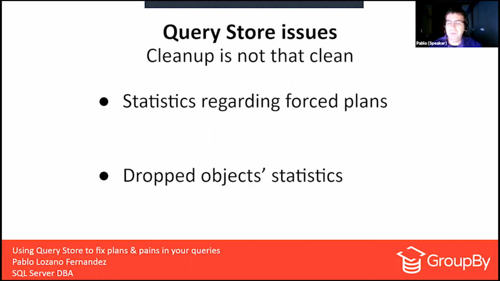And also, if you drop an object, the object is not there, so it doesn't make sense to investigate what happened to it. You won't get rid of these statistics unless some time has passed and the data has been considered stale and dropped, or unless the size-based cleanup kicks in and for whatever reason those particular queries are the ones selected for deletion.